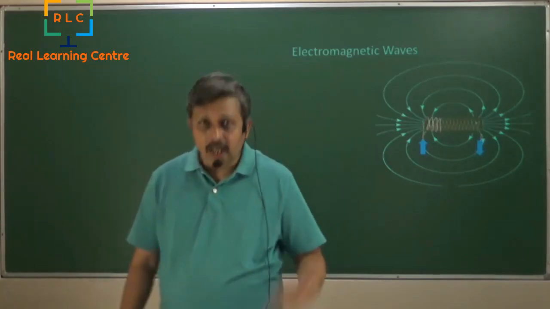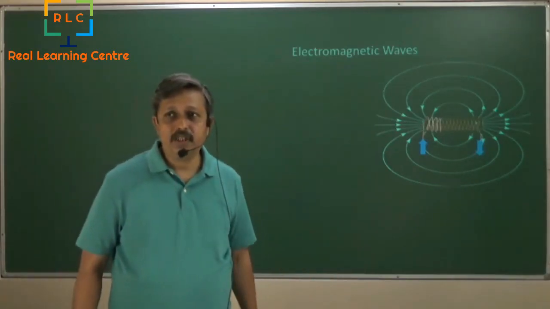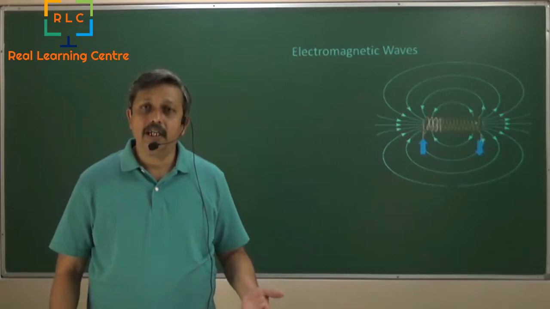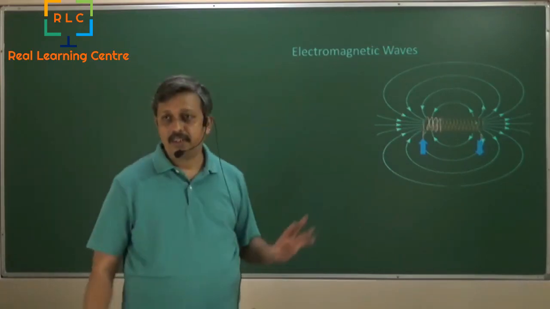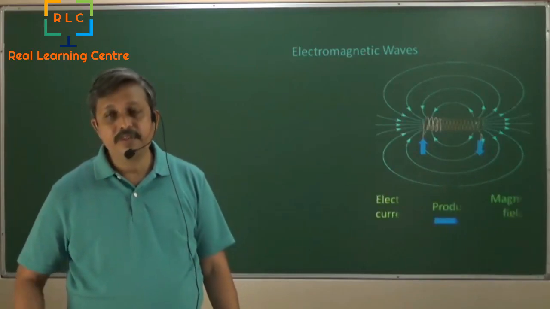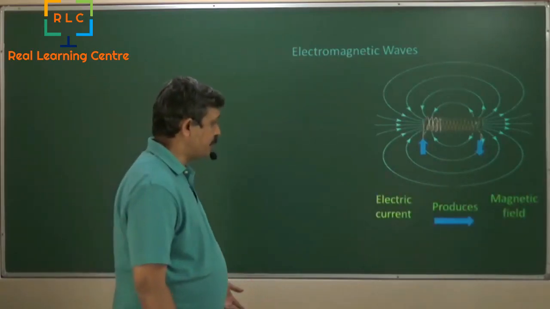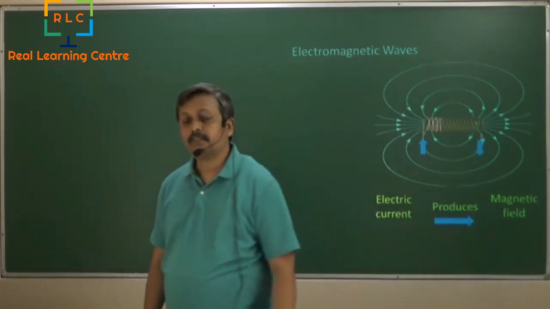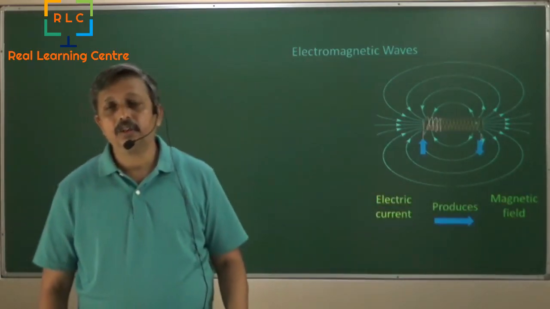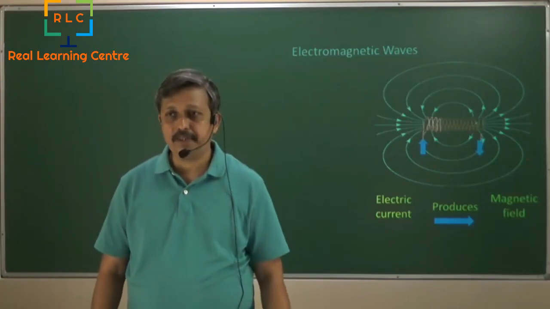Oersted showed very clearly how electric current, when passed through a conductor, can create a magnetic field. And we make a very simple statement saying that electric current produces magnetic field. Fantastic. So no doubt in that, we made a nice statement here.